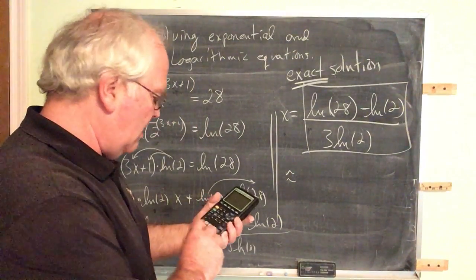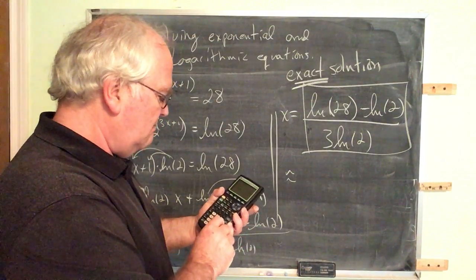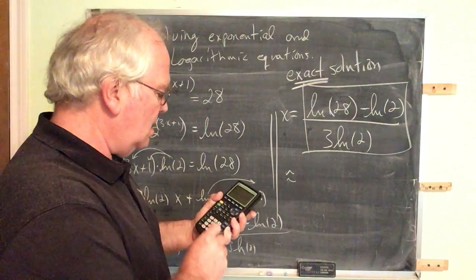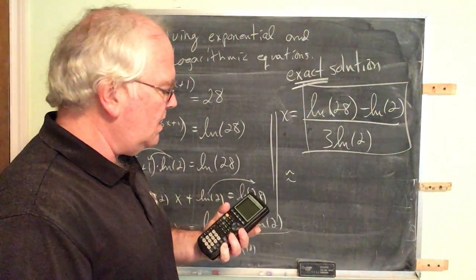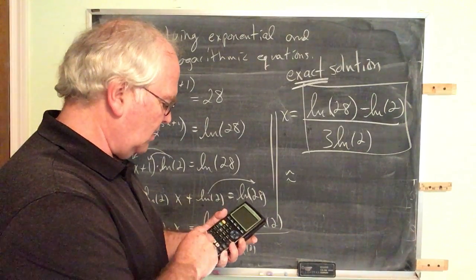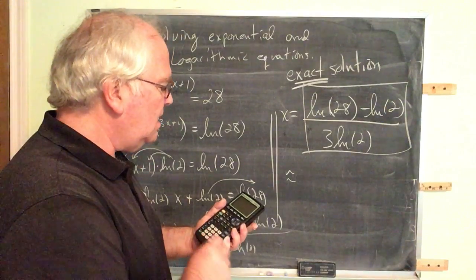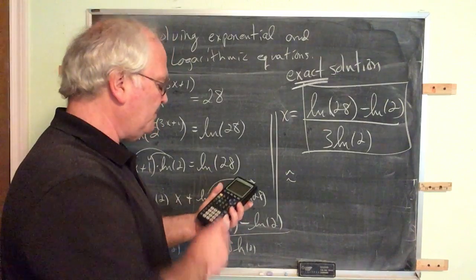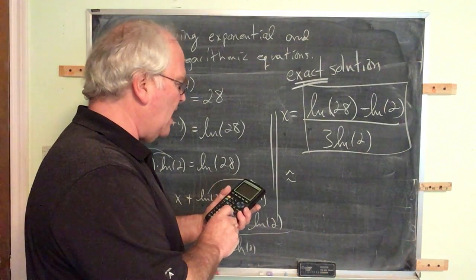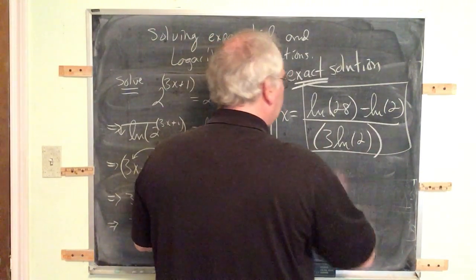And I'm going to do that now. I'm going to say that's the natural log of 28 minus the natural log of 2. Whenever you compute this, you should hit equals. Natural log of 28 minus the natural log of 2 equals, that gets the numerator, so that's 3.30 something. And now I'm going to divide that by, and when you do this, everything should be in parentheses.